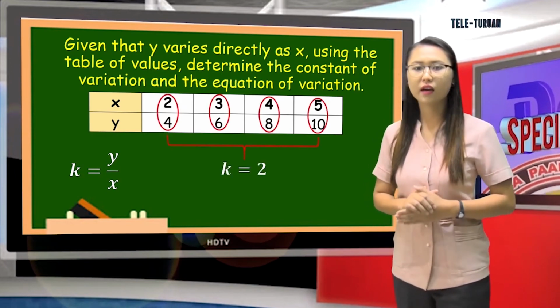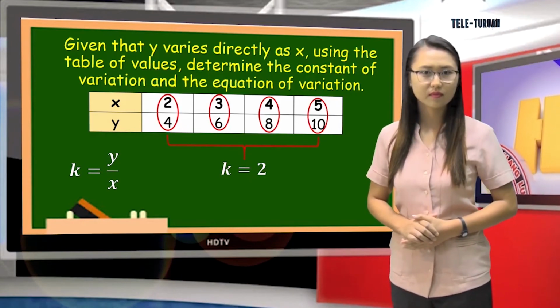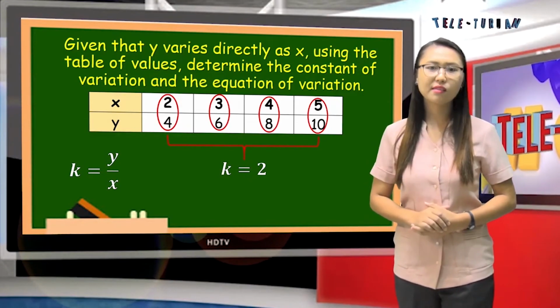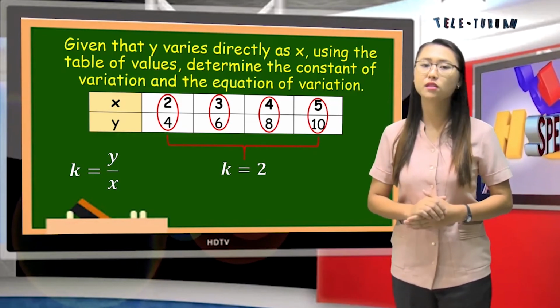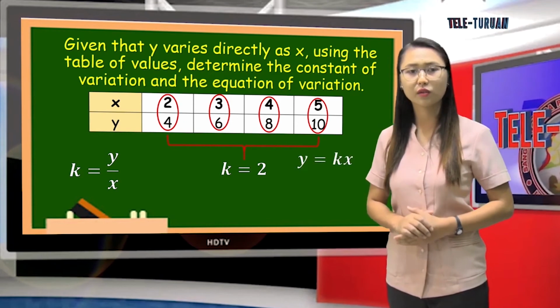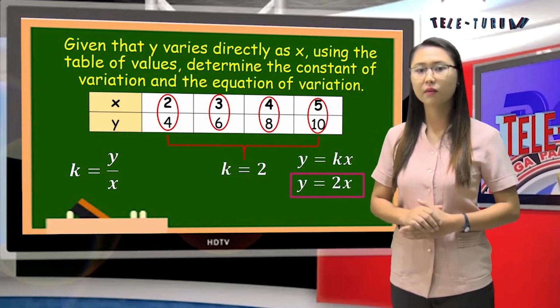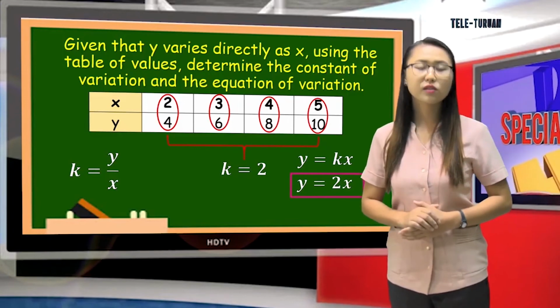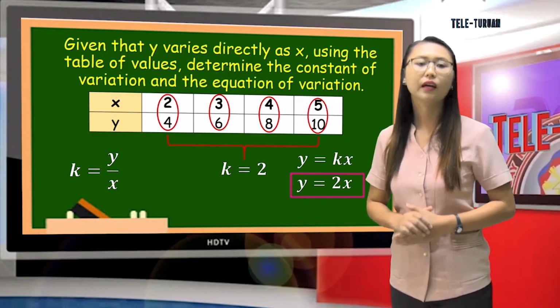The constant of variation in this table is 2. And to determine the equation of variation, all we have to do is to substitute the value of k in the equation y is equal to kx. So we have y is equal to 2x. The equation of variation is y is equal to 2x.